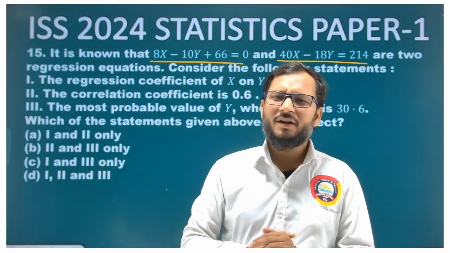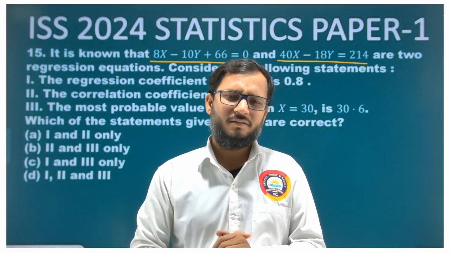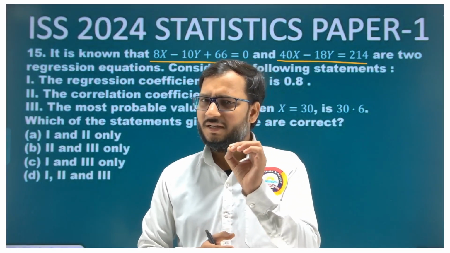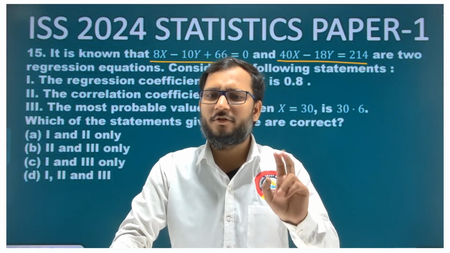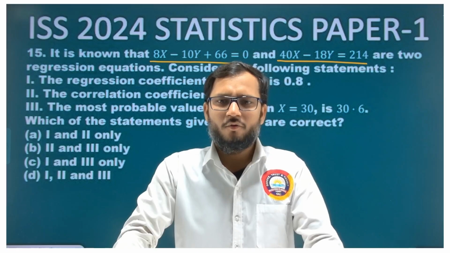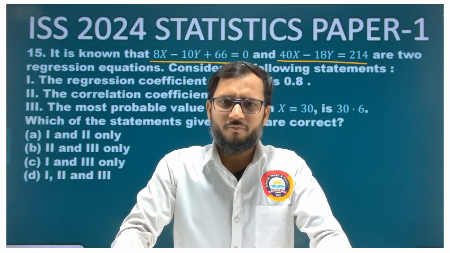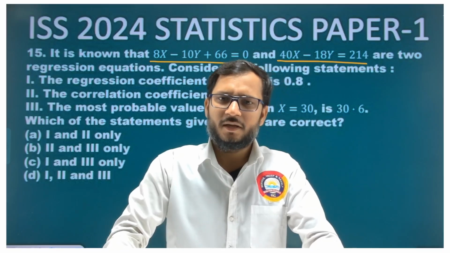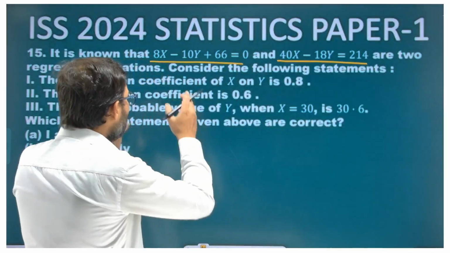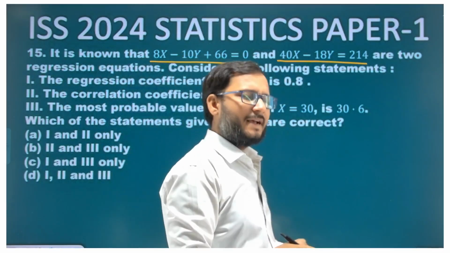Whenever you have studied regression analysis, we have talked of two lines of regression, always two lines of regression. One was the line of regression of y on x, and the other was the line of regression of x on y. Got the point? So these two lines are the two lines of regression in x and y.